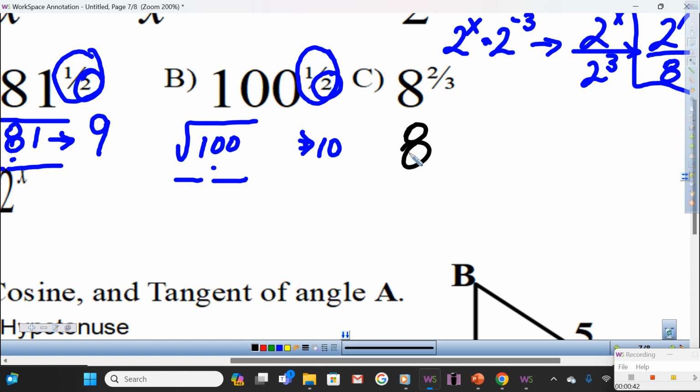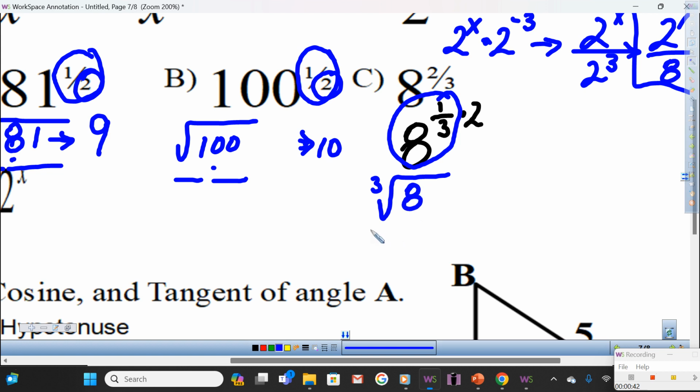We got 8 to the 1/3 times 2. That's 2 in the numerator of the fraction. I brought it to the side. Therefore, look up. If 100 to the 1/2 was square root, because it's what number times itself 2 times, what do you think this is? It's cube root of 8.